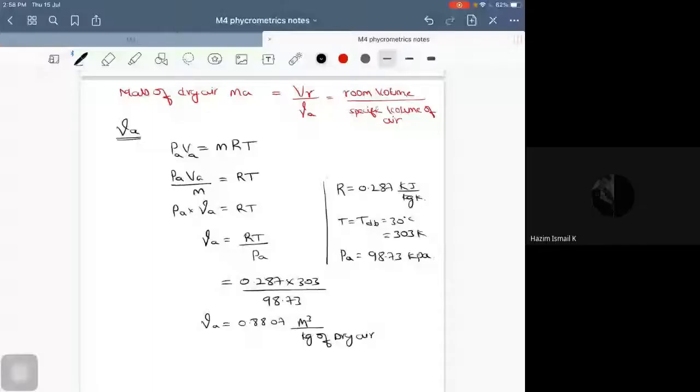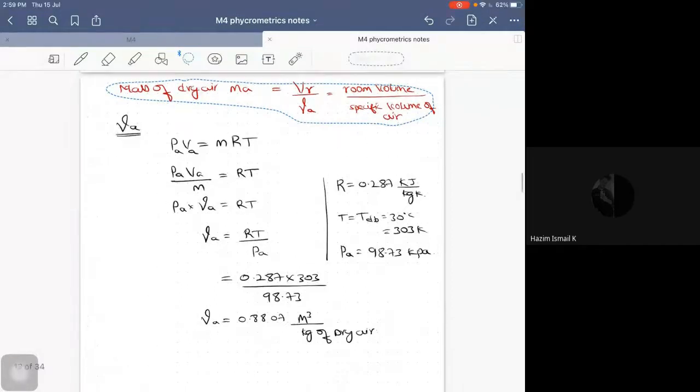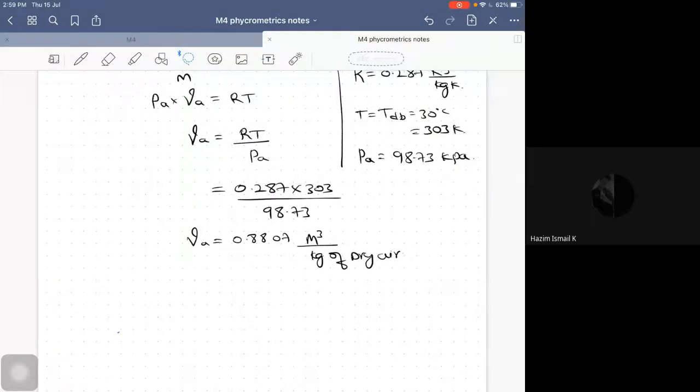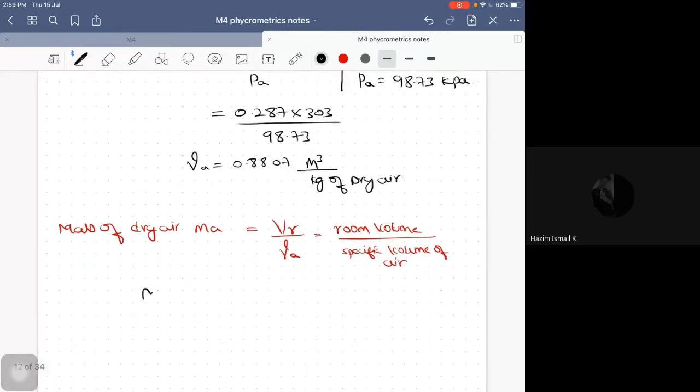Now use the above formula. Mass of air equals VR, which is 75 meter cube, divided by VA, 0.8807. You can match the units as well. The above will be in meter cube, the below will be in meter cube per kg. So meter cube goes away, and whatever value you get is in kg.